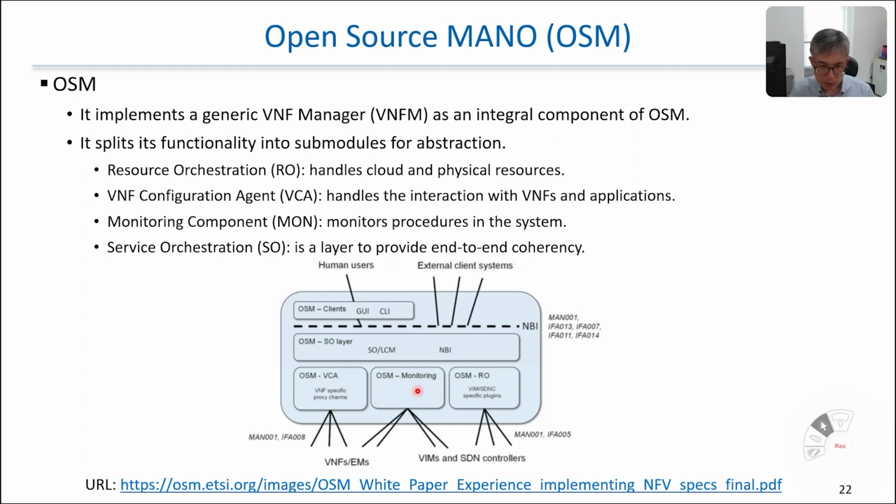You can see each module has an interface to interact with outside entities. For example, OSM monitoring connects to the VNF, VNFM, or the VIM and SDN controller for SDN networks. You can click this one to get more information about this part.